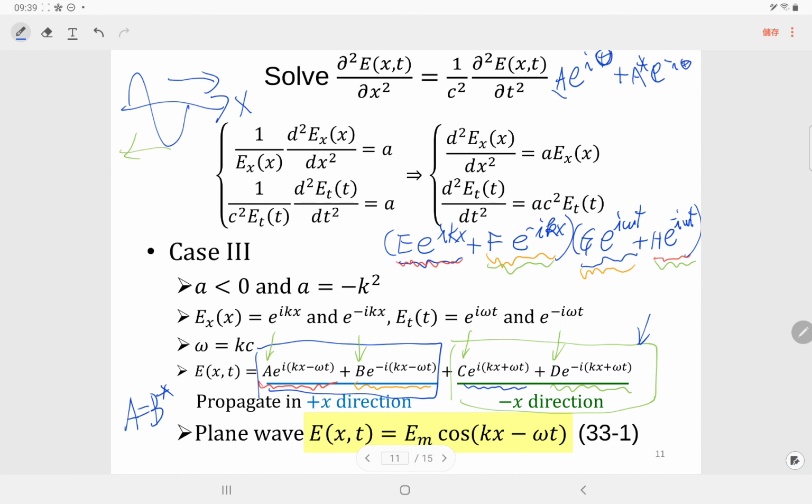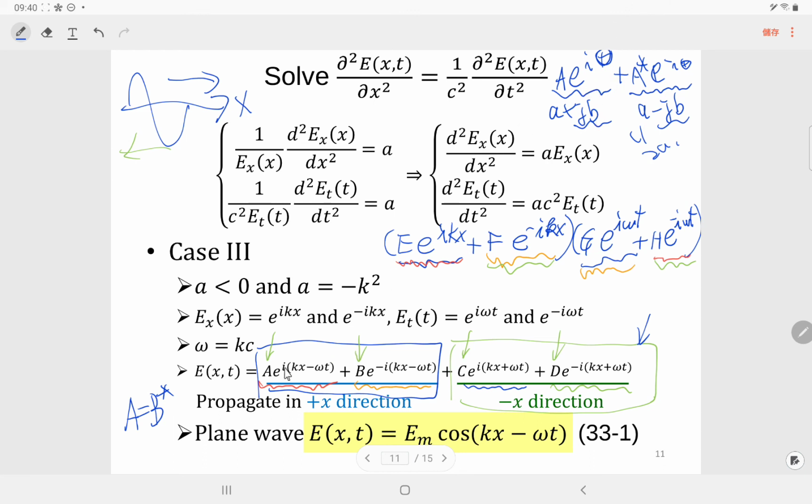So this whole thing is the complex conjugate of this one. So which is something like, this is a plus jb, or this is a minus jb. So the imaginary part should be cancelled. So it turns out to be 2a, something like this. So it's just a real function.